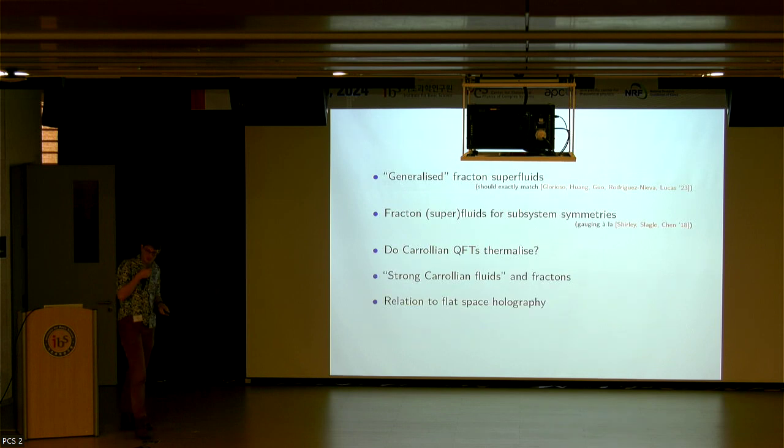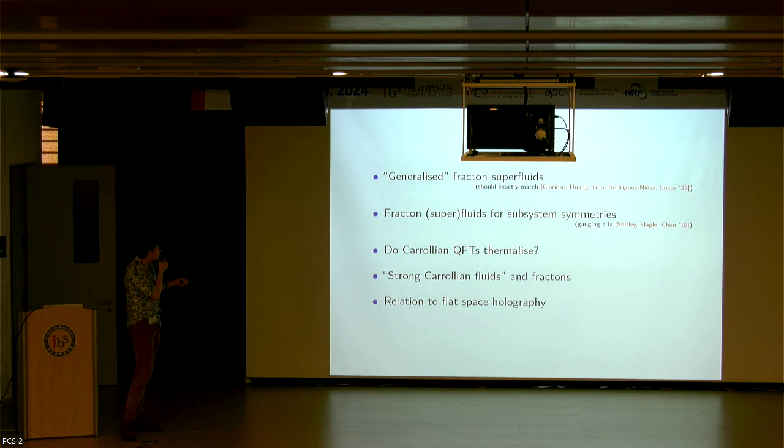So let me conclude. As I mentioned, there are lots of interesting things to do in the context of the fractons. You may recall this algebra that I showed you. These fracton gauge fields that I showed you are actually not the ones that you get from a gauging of this algebra. You have to impose a certain additional curvature constraint to get them to match.